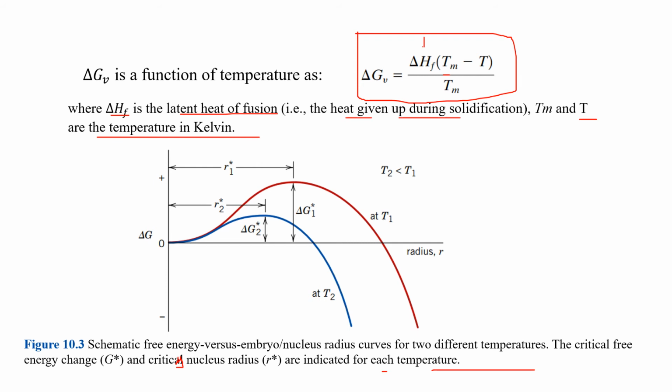The critical activation free energy is less, and similarly the critical nucleus radius is also less than the critical nucleus radius at higher temperature. So we can conclude that for higher temperature, the critical activation energy is greater than the critical activation energy at lower temperature.